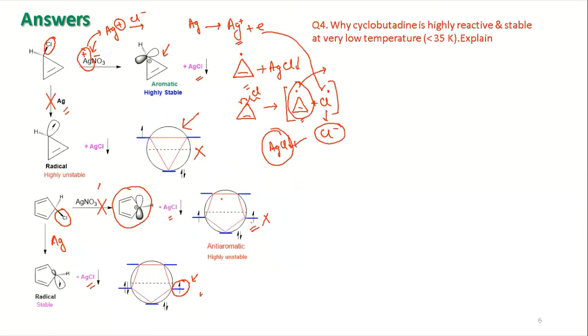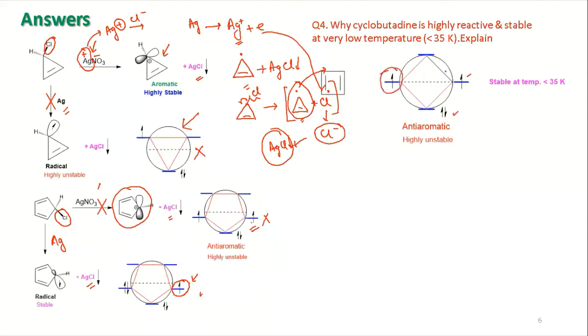Let us move to the fourth question. Why is cyclobutadiene highly reactive? Now, this should be very, very easy for you now. So we can represent cyclobutadiene in this way. Okay, so you have two electrons at the bonding MO and two unpaired electrons.